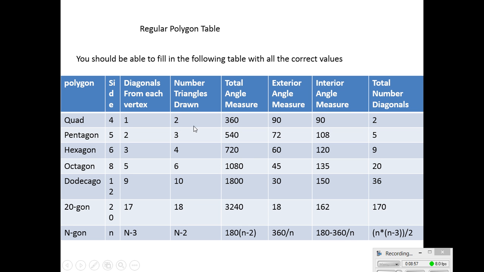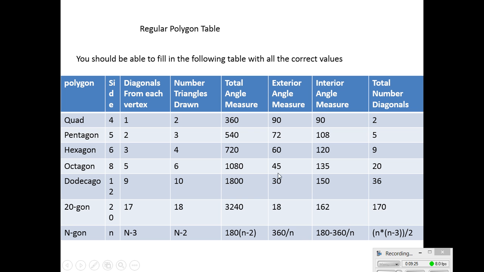We have the number of triangles from each vertex, which is 2 less than the number of sides. We have the total angle, which is the number of triangles times 180, okay? We have the exterior angles, which always add up to 360. We have another video demonstrating that, okay? And then we have the exterior angle, which is actually going to be the supplement of that interior angle, okay?